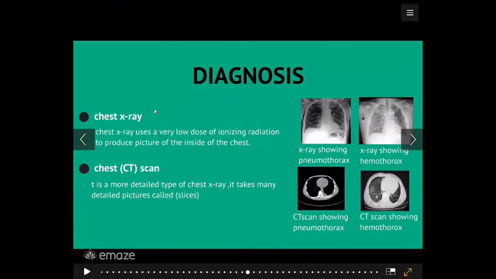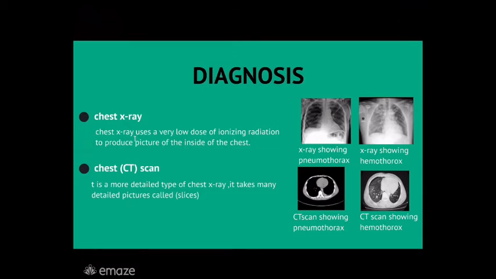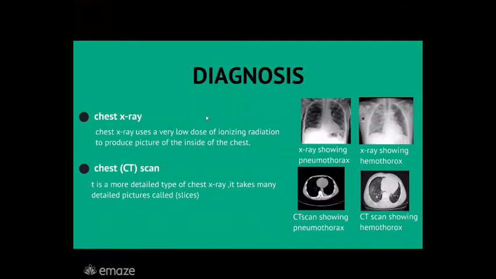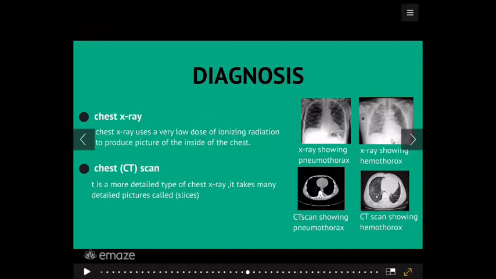As we said, we can diagnose chest injuries by chest X-ray. All chest trauma patients should receive a portable chest radiograph. However, the sensitivity of chest radiograph is only 65% for detection of acute traumatic injuries such as hemothorax or pneumothorax.